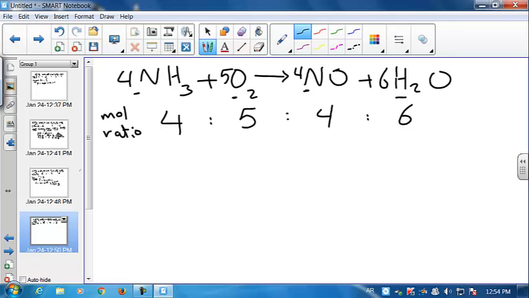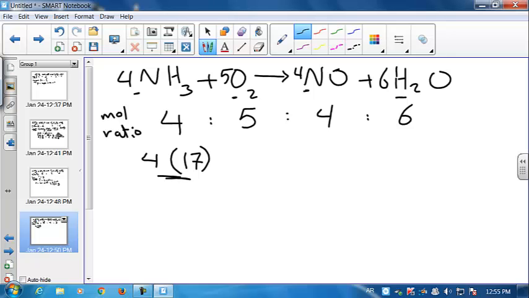So what is the mass of 4 moles of ammonia? It will be 4 multiplied by the molar mass. Nitrogen is 14 and hydrogen is 1 multiplied by 3. So it is equal to 17 all in all, the molar mass. So this is the mass of 4 mole, right?